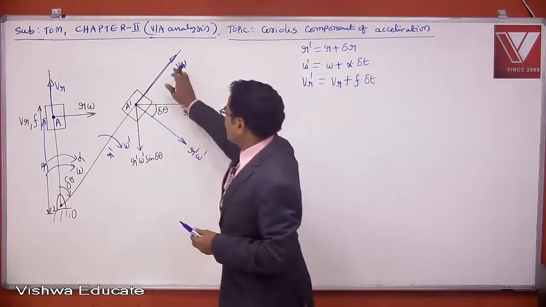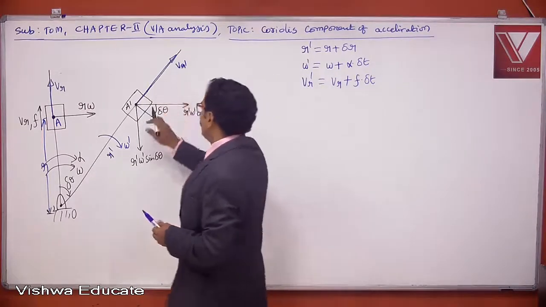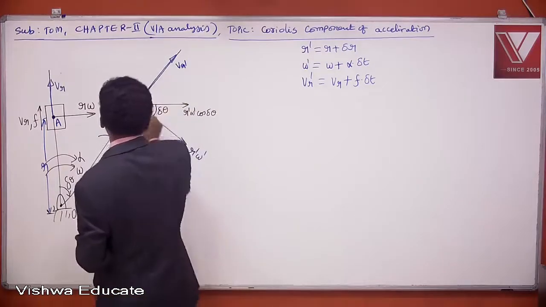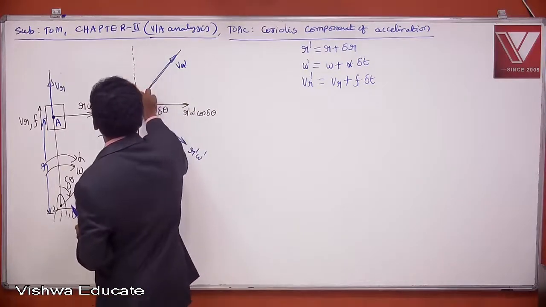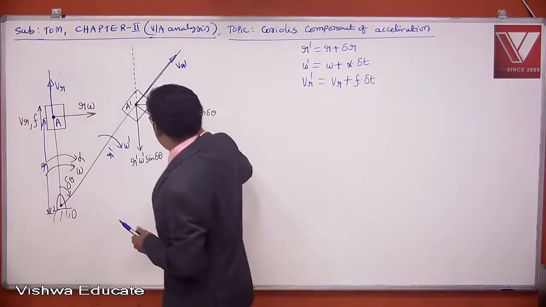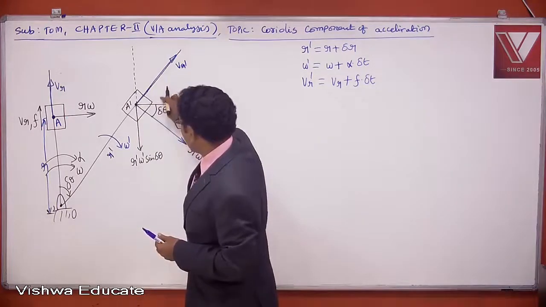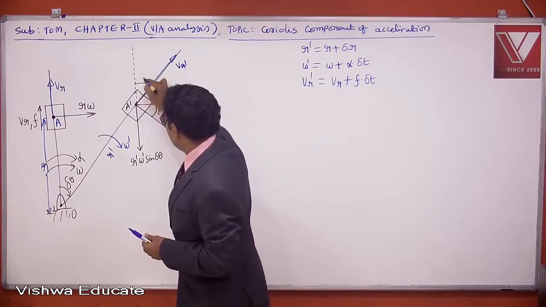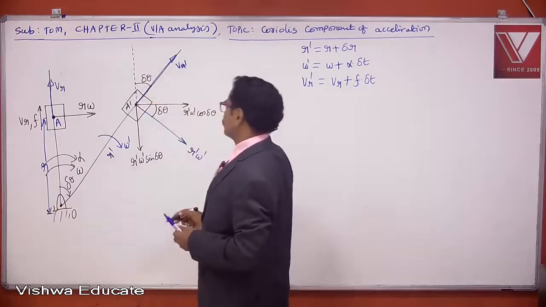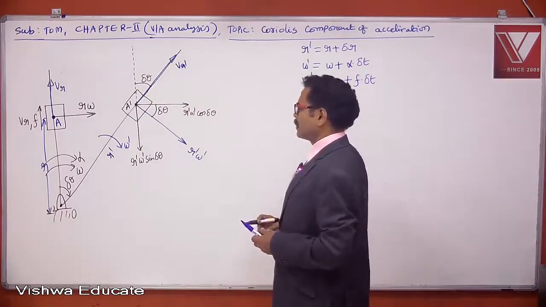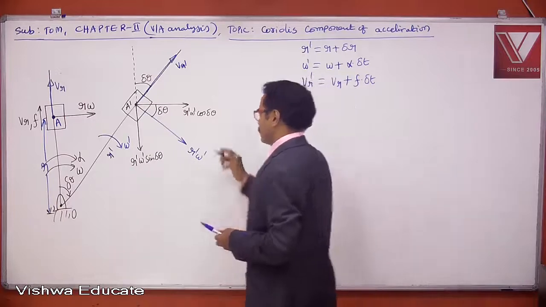Similarly, let us resolve this also. What is the vertical, what is the horizontal component? So if you draw one line like this, if this is delta theta, this will be 90 minus delta theta, and again this will be delta theta, right? So if this angle is delta theta, what is the horizontal component of VR dash?